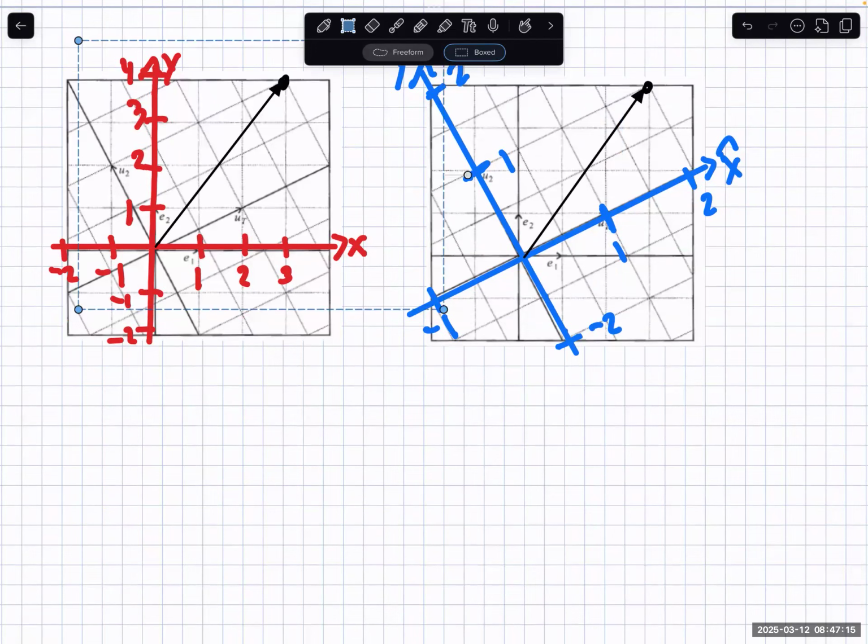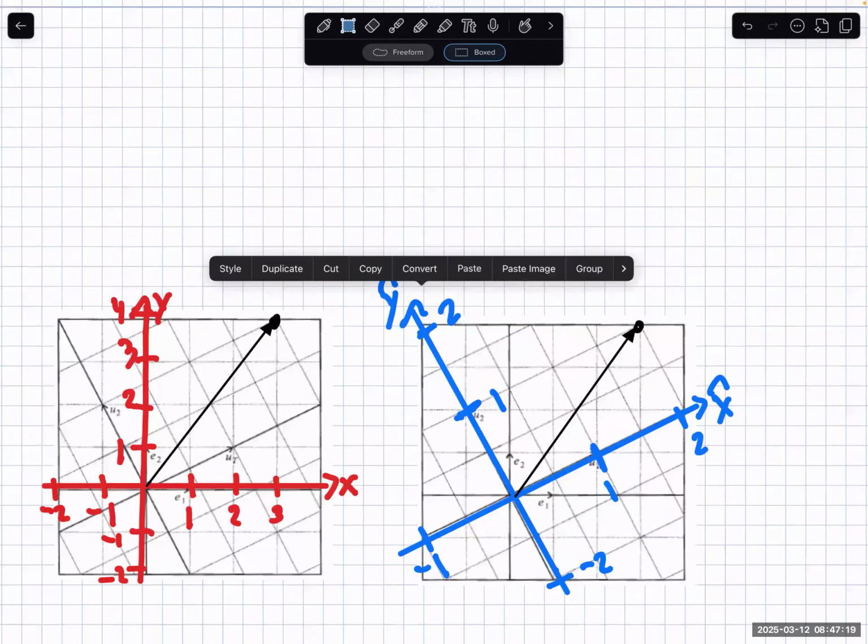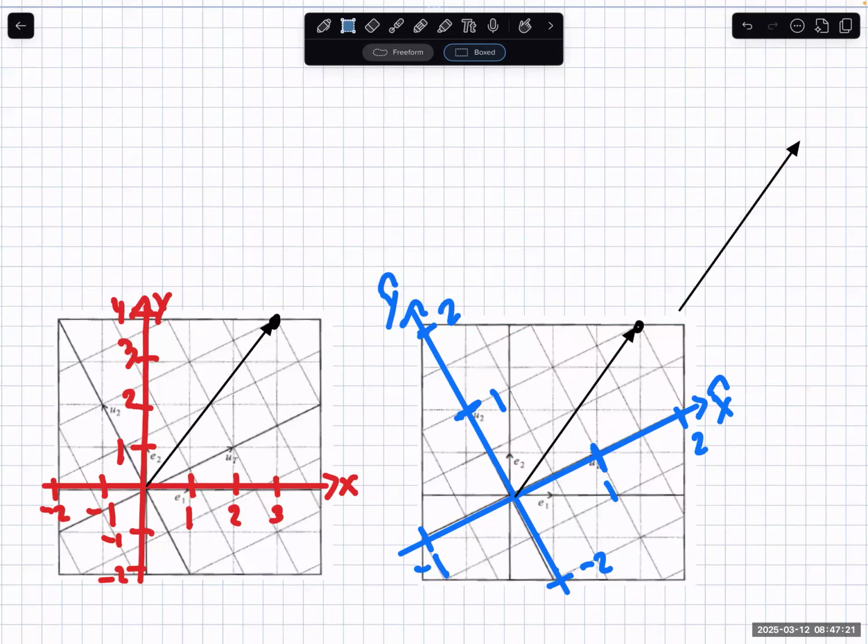Let's move these down a little bit. So this is my vector v, and I'm doing a copy here and a copy there.